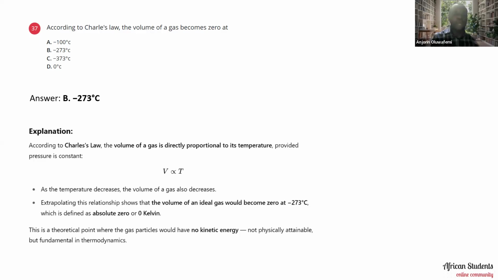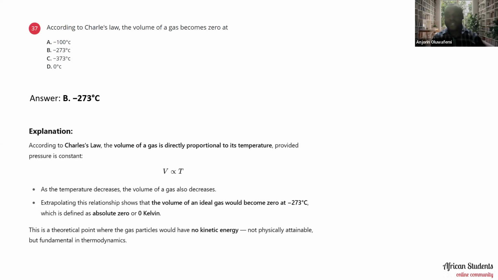According to Charles' law, the volume of gas is directly proportional to its temperature, provided pressure is constant. As the temperature decreases, the volume of gas also decreases. Extrapolating this relationship shows that the volume of an ideal gas would become 0 at minus 273 degrees Celsius, which is defined as absolute 0 or 0 Kelvin.